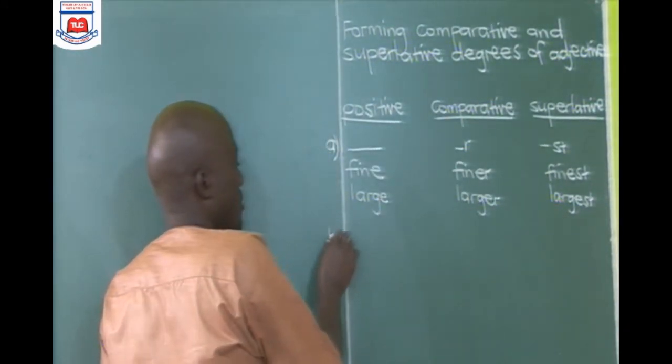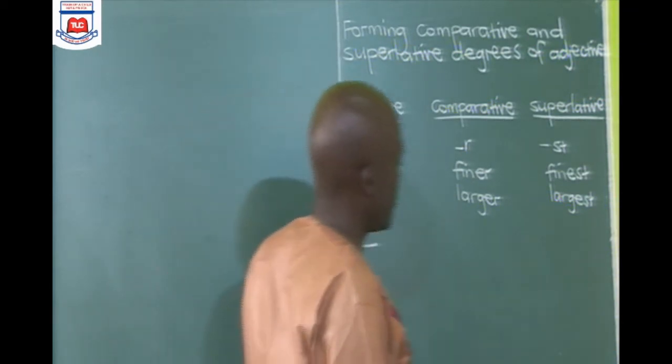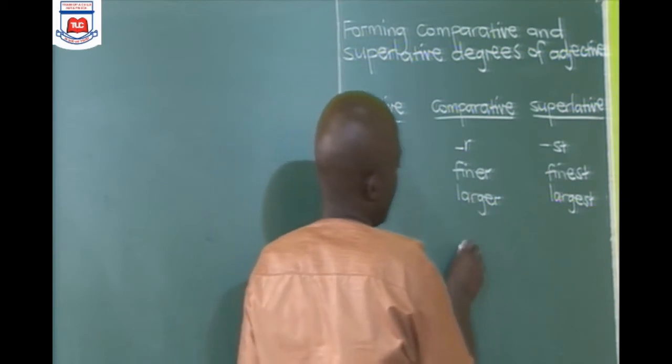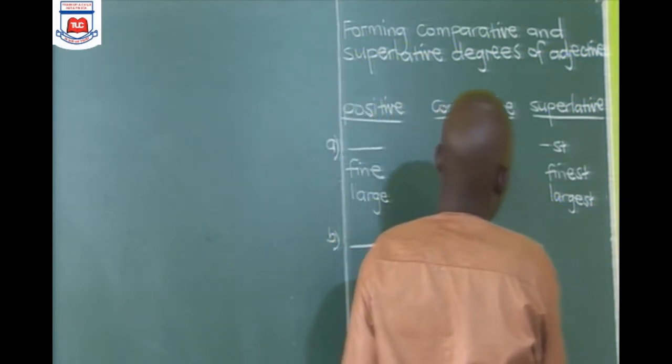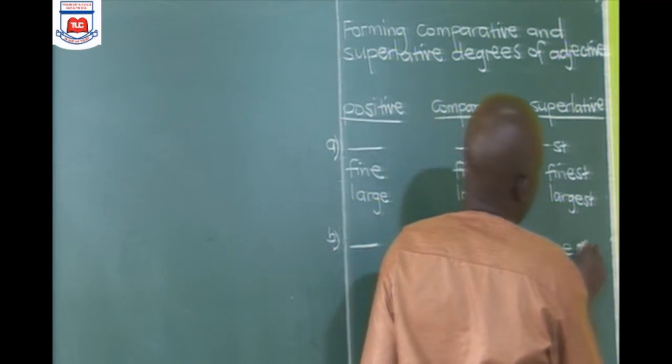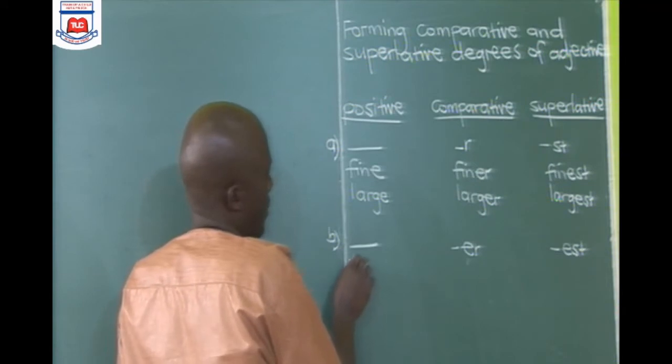Then we go to B. We have the adjective in the positive degree, then the comparative adds ER, and the superlative adds EST. Can we give some examples?